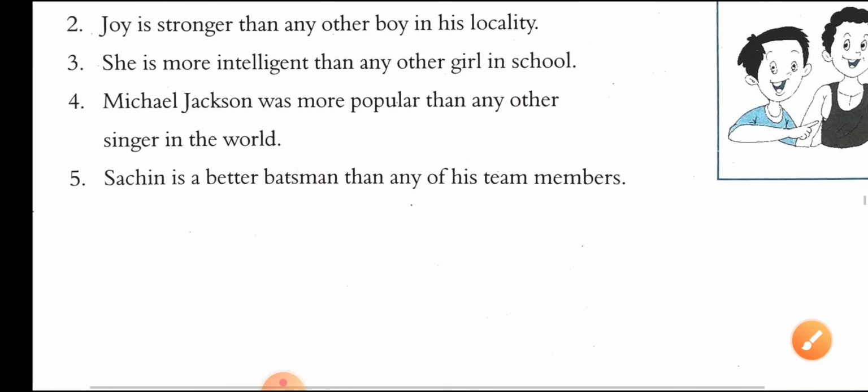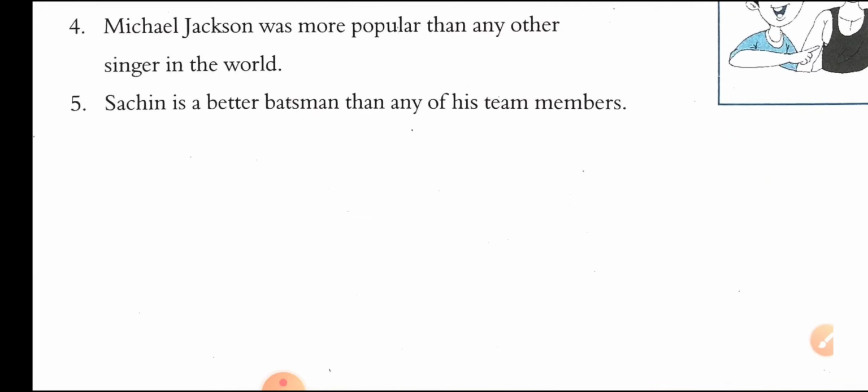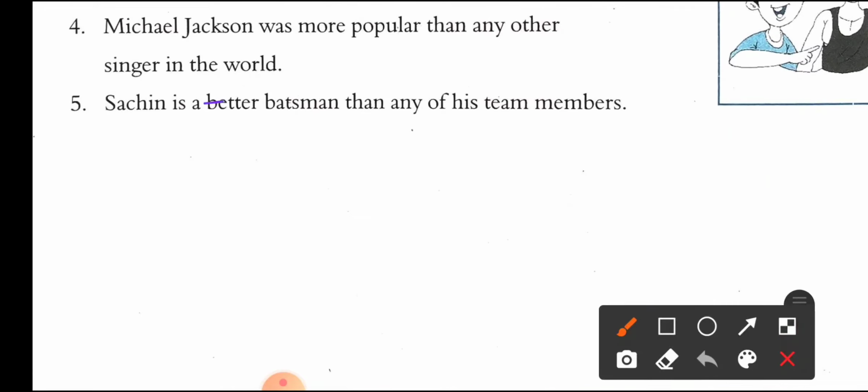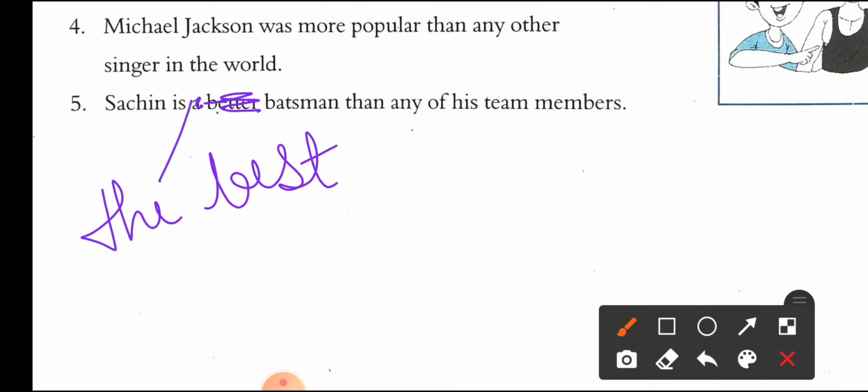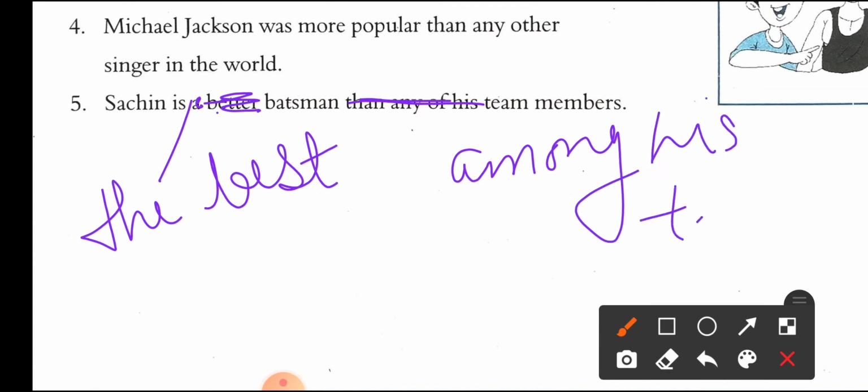Next is, Sachin is a better batsman than any of his team members. So better is what? Comparative degree. You will do, Sachin is the best. Good, better, best. Okay. Batsman among his team members.